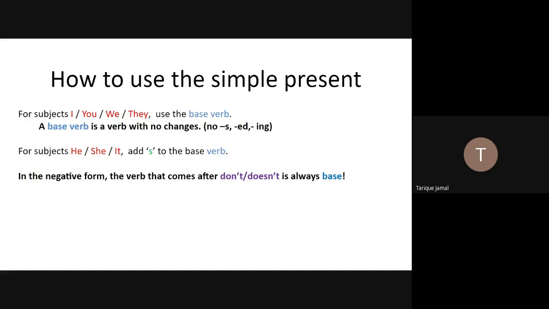Remember we use does for he, she, it for positive. For negative, we use doesn't. And of course, we will show you as we progress. And then we use the base verb, all right? So in the negative form, the verb that comes after don't and doesn't is always the base verb. Remember that.